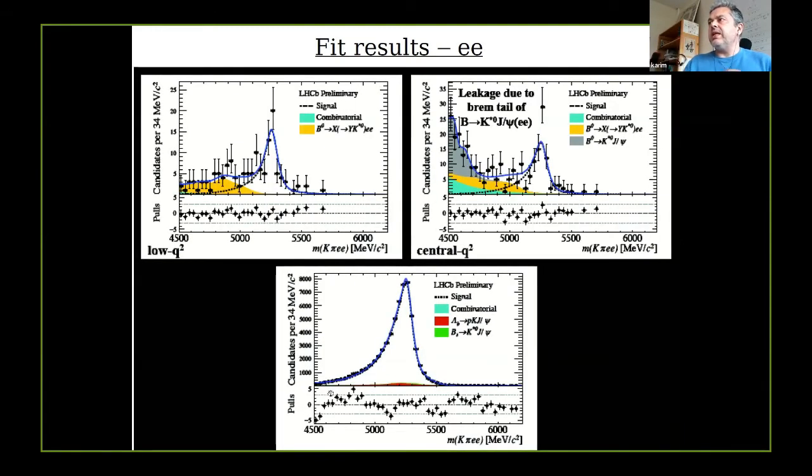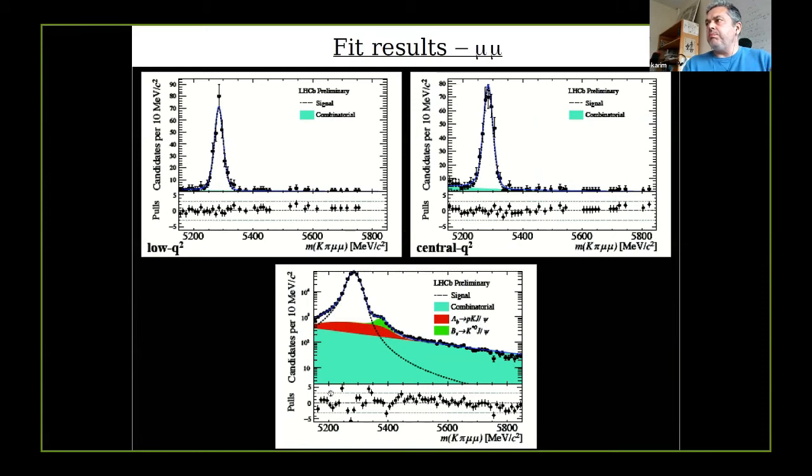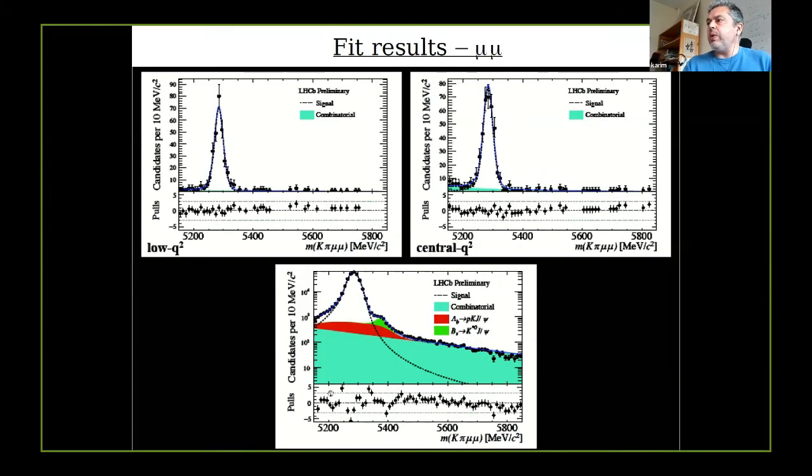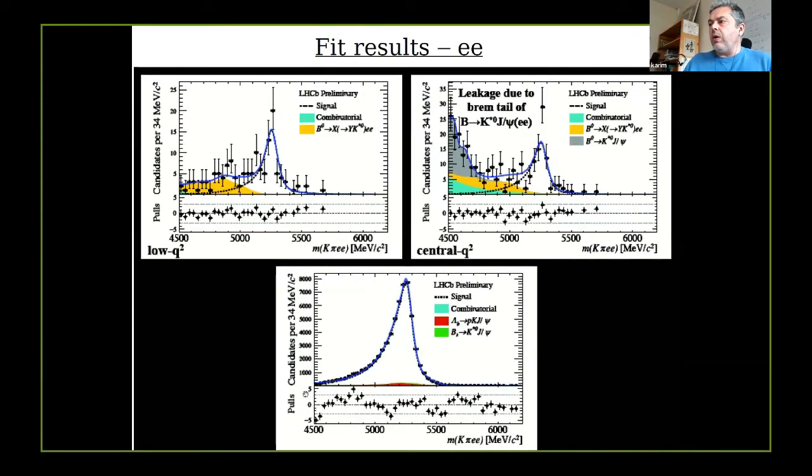And as I was saying, for ee the situation is a bit worse. Of course, the resolution is much worse, and the efficiency is also worse, but it's sufficient. This is very well illustrated with the J/psi K star, where you see a clear and sufficiently clean signal, despite definitely losing some resolution.